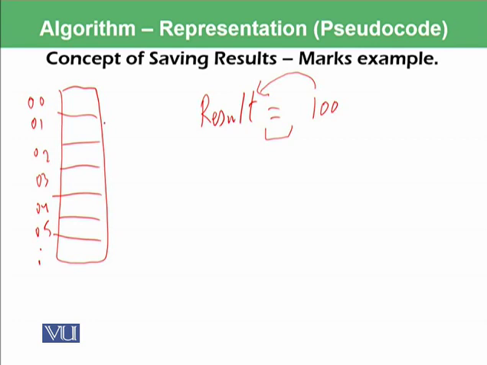Result is the name of a particular memory location. So this means, for example, result is memory location 01, and when you write this statement, result is assigned 100. So this 100 is saved over here. So this is a basic notation of assignment to represent a pseudocode.